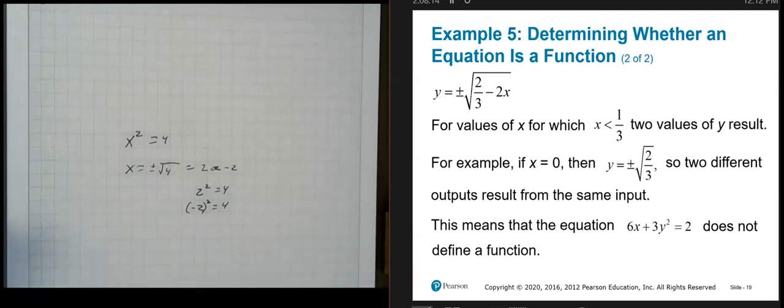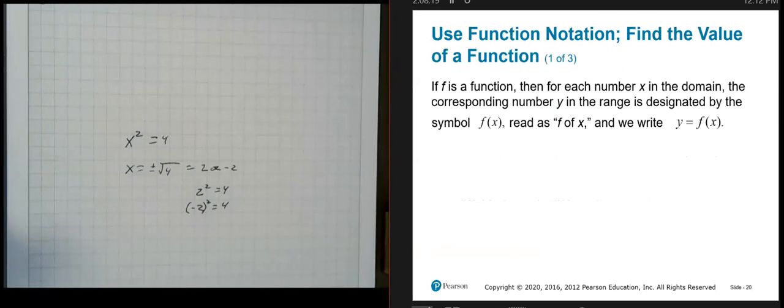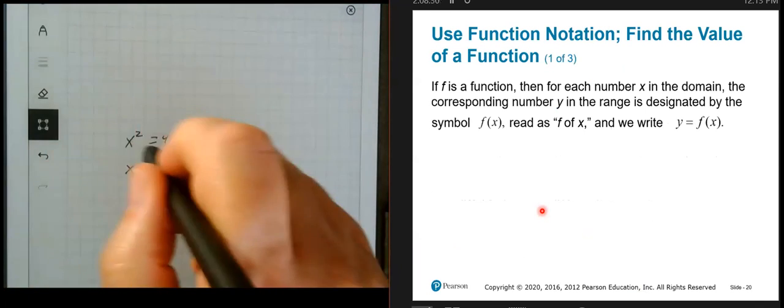So that means that expression does not define a function. Now we have function notation.